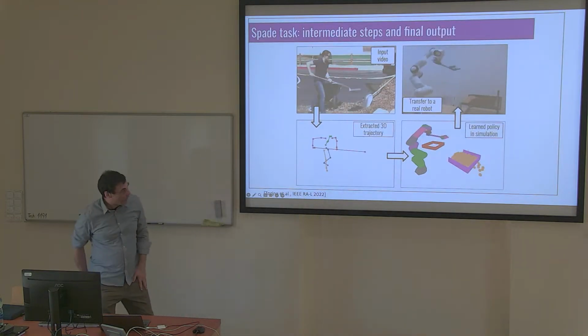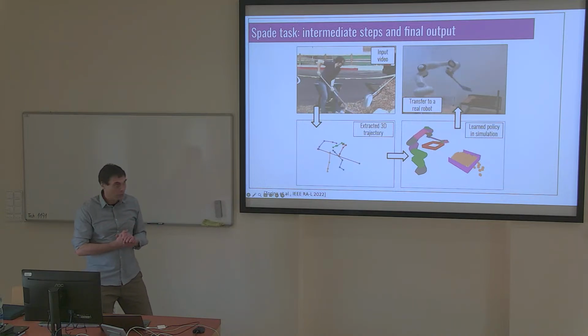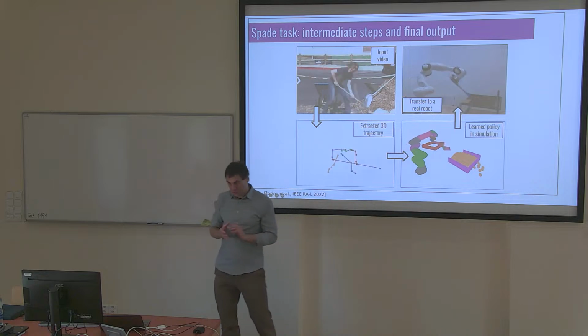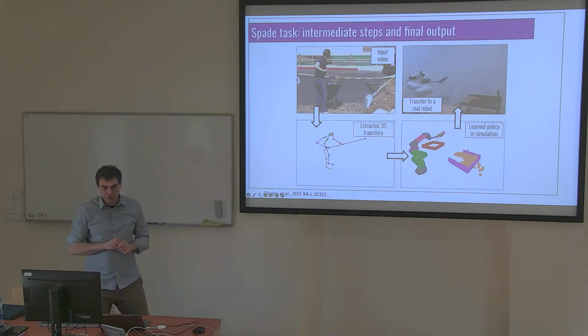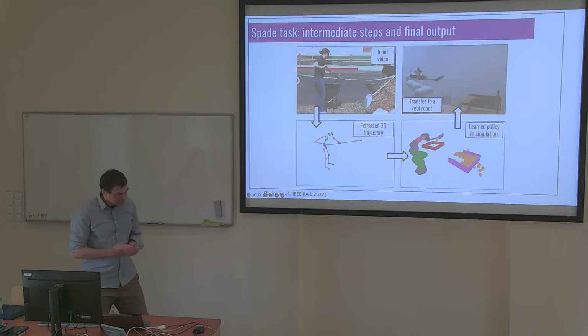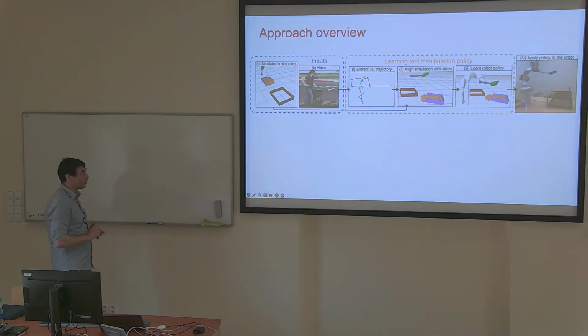I will show you in a bit more detail how this particular thing works, and especially one technique used, called trajectory optimization, which is a very common technique in robotics. Let me give you a bit more detail of this work as an example.